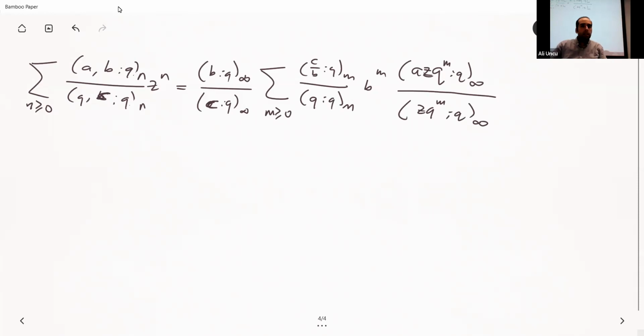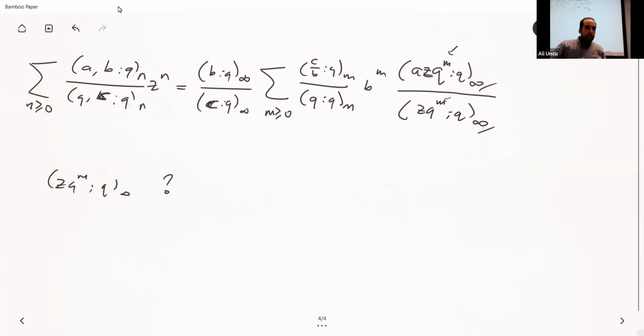Okay, perfect. We're almost done. Really, this is going to be the last board to finish this proof. Now I have these infinite products, which is not useful to me, because these products depend on m. So would I be able to maybe fill in this product again, so that I can take that infinite product out? So what should I give this bottom one? So I have this (zq^m; q)_∞.